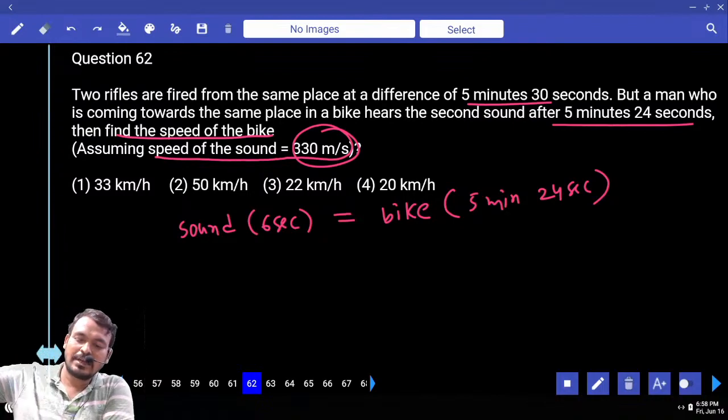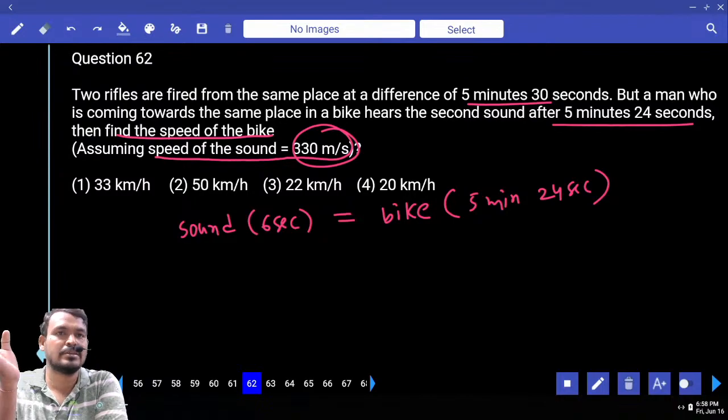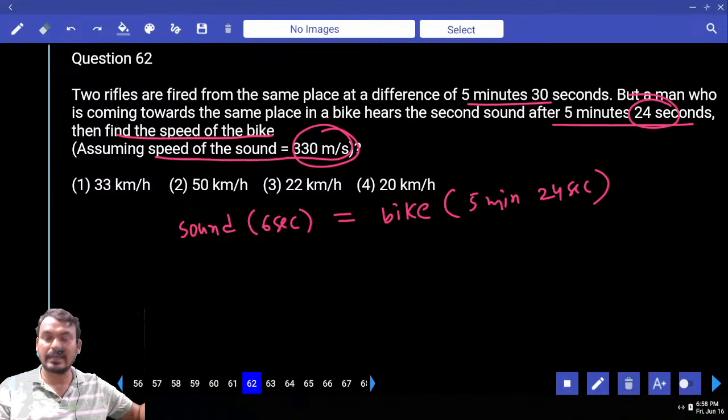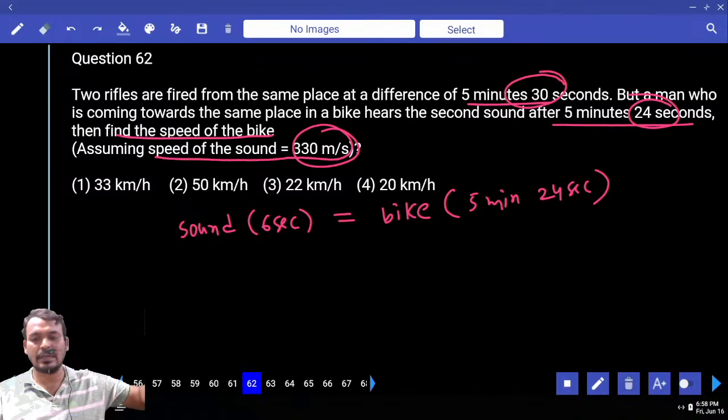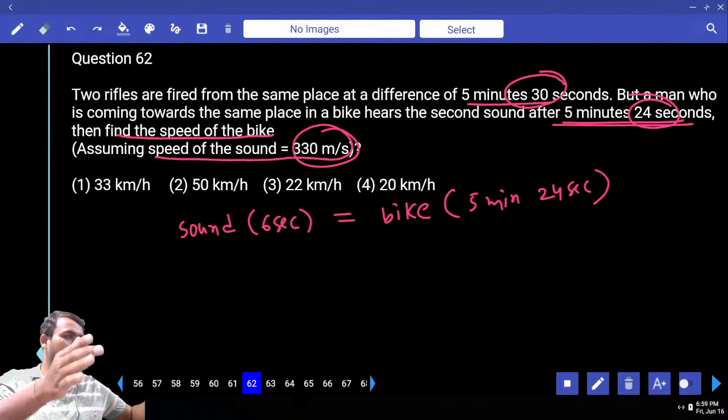Because what is the time difference of the firing? 5 minutes 30 seconds. But the person's difference will be how much? 5 minutes 24 seconds. So sound traveled only that 6 seconds, one is 5 minutes 30, another one 5 minutes 24 seconds. From first position to second position, how much time did sound take? 6 seconds.